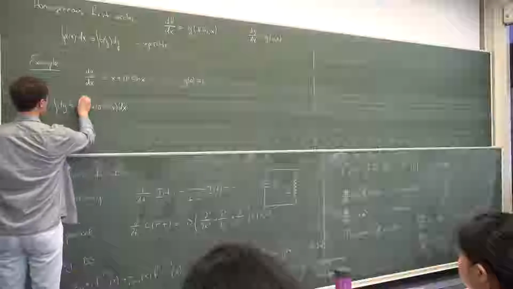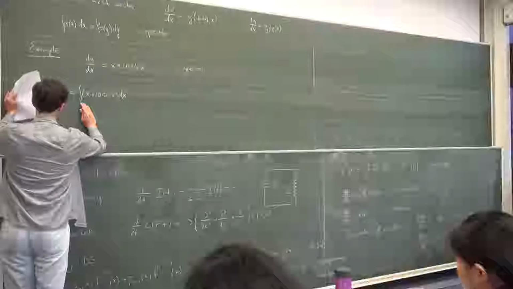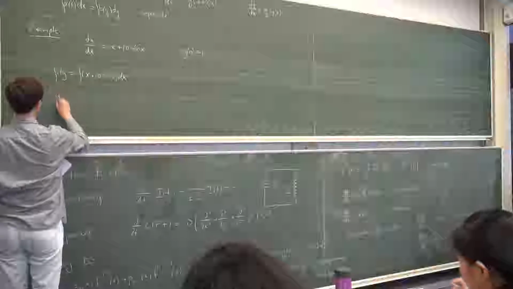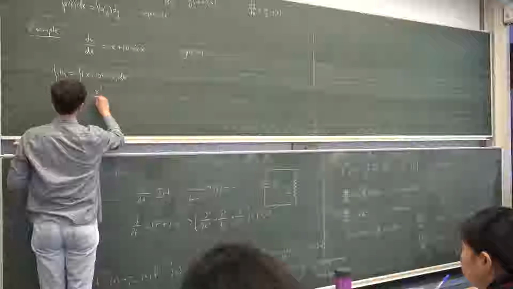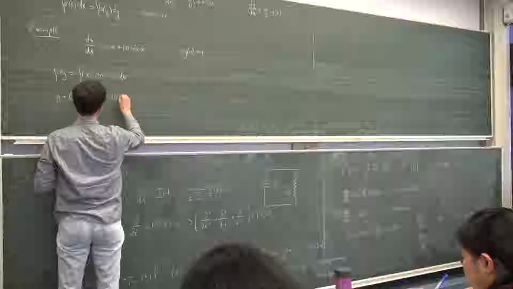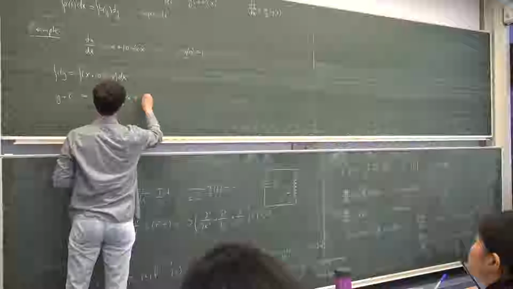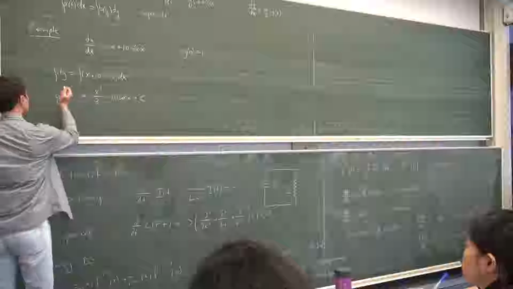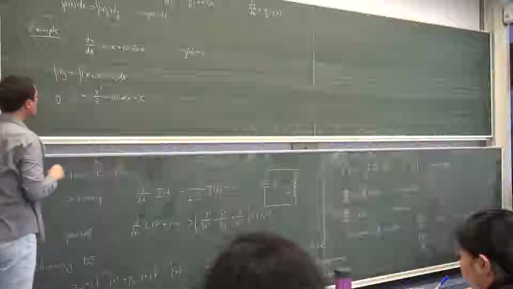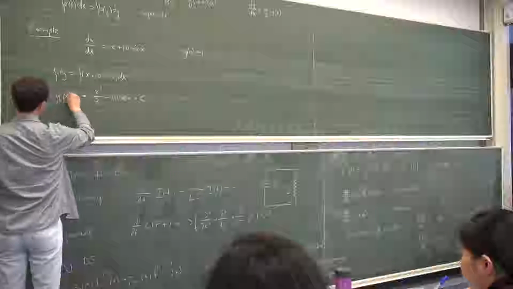This is immediately integrable. So we would have here y plus a constant equals x squared over 2 minus 10 cosine x plus a constant. A constant plus or minus a constant is another constant, so we don't need this here. And this is our y of x.